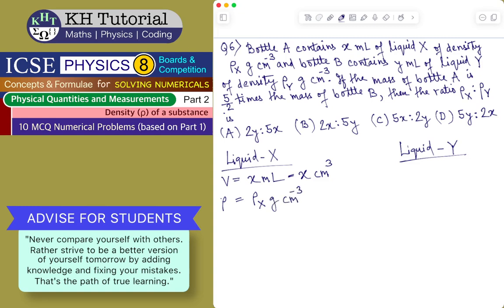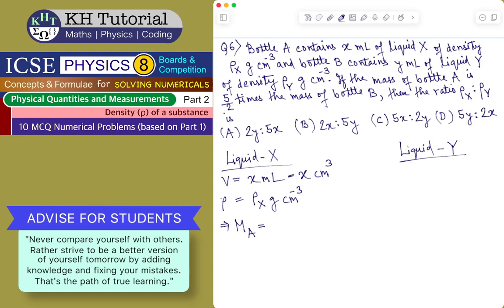centimeter cube. So from here we can say that the mass of the bottle A, I am denoting it with MA. This means the mass of the bottle A will be equal to the mass of the liquid X, X ml of liquid X. Now please note that even though it is not clearly mentioned, we should ignore the mass of the empty bottle.